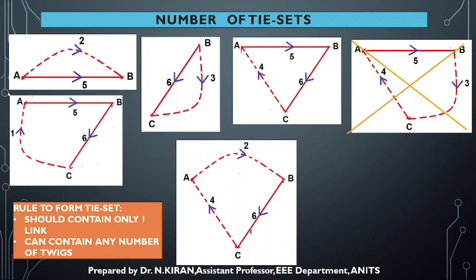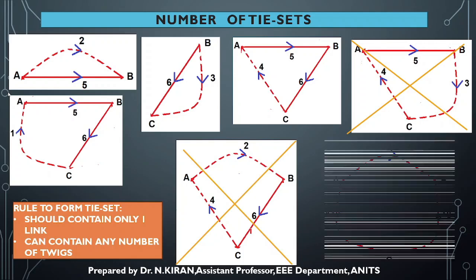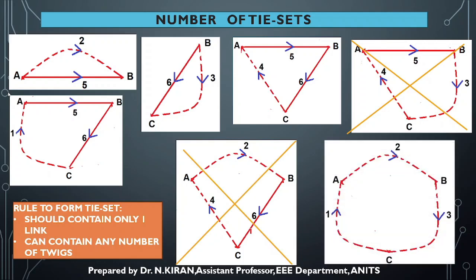Here if I see, I have 2 links and 1 twig. So this I cannot consider as a tie set. And next, here all branches are links only, there are no twigs, so this also cannot be considered for formation of tie sets. So as seen previously, the number of tie sets will be 4 depending upon the number of links. So we have got all the 4 tie sets.